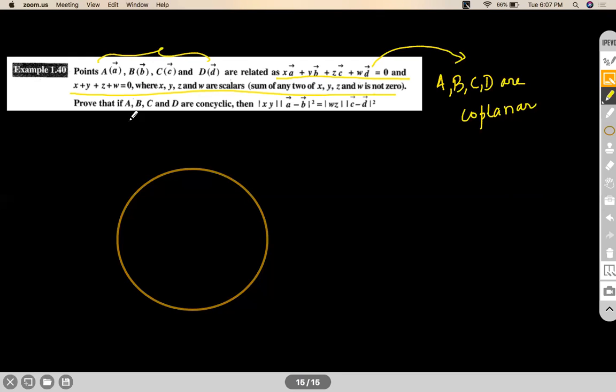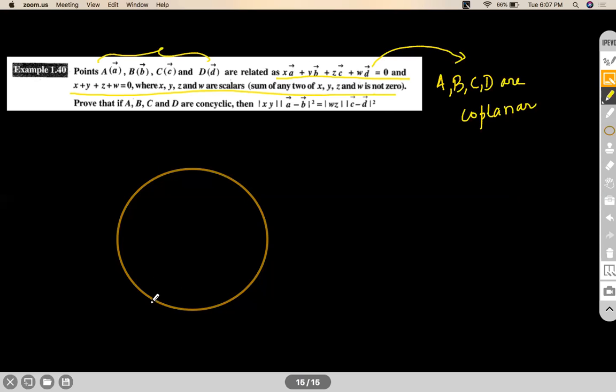See, let's be clear about our indications. See, X, A, Y, B, Z, C, and W, D. What did I discuss with you about X, Y, Z, and W in these cases?